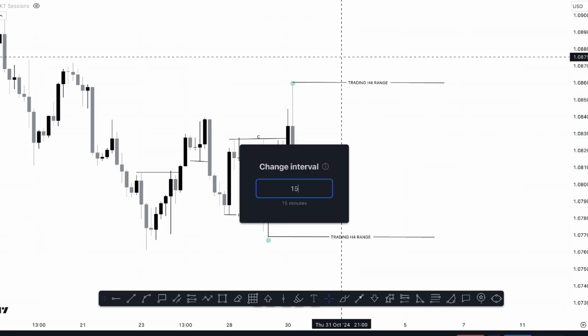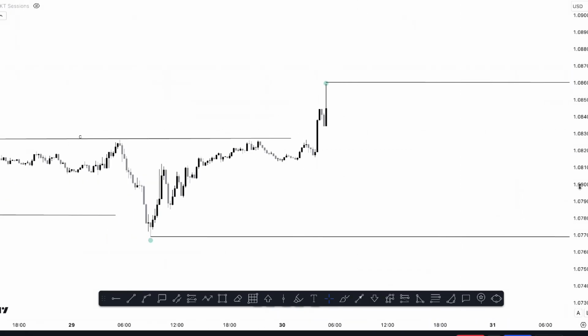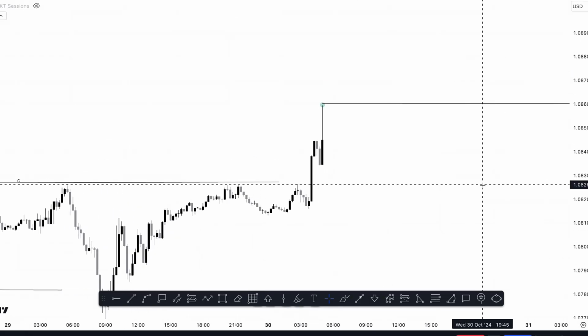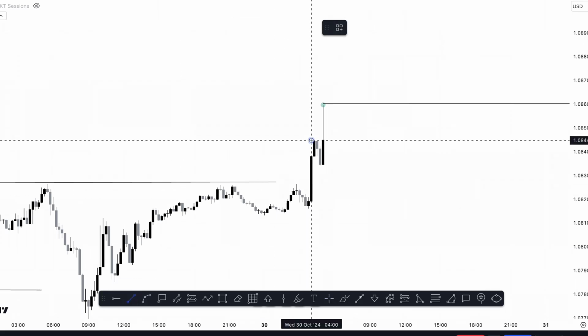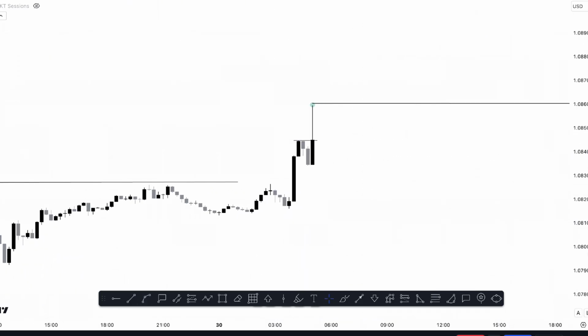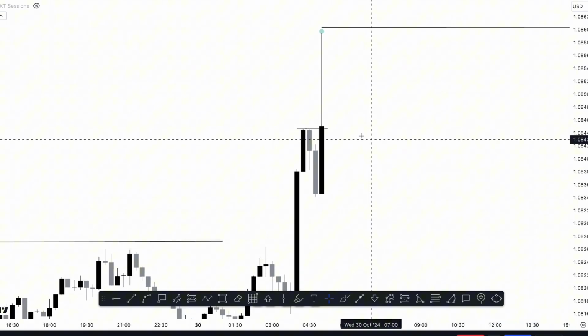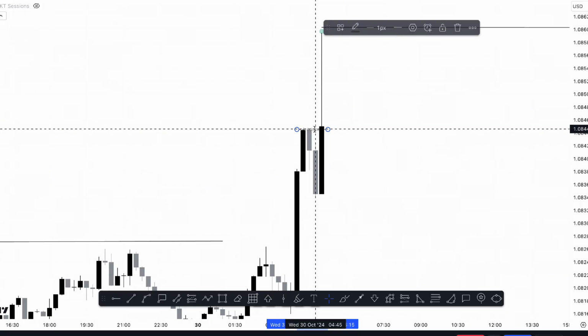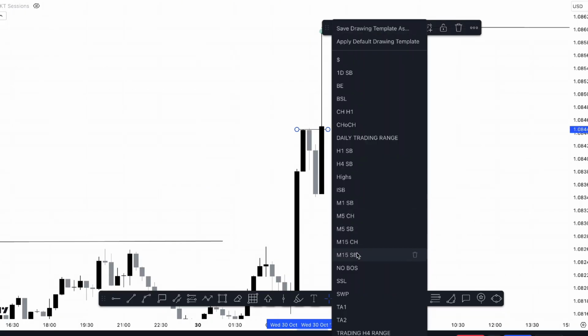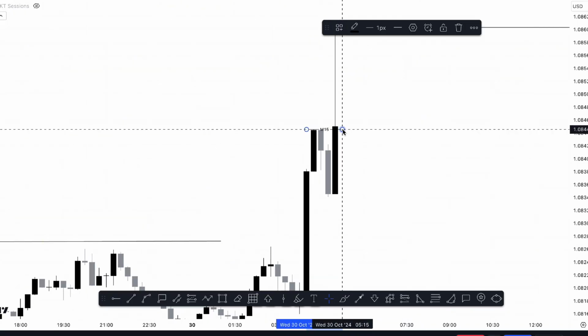So that's when I drop down to my 15-minute time frame, and I pretty much just mark here where we have that structure break on the 15-minute time frame, and my structure break price after pretty much close above the high, right?